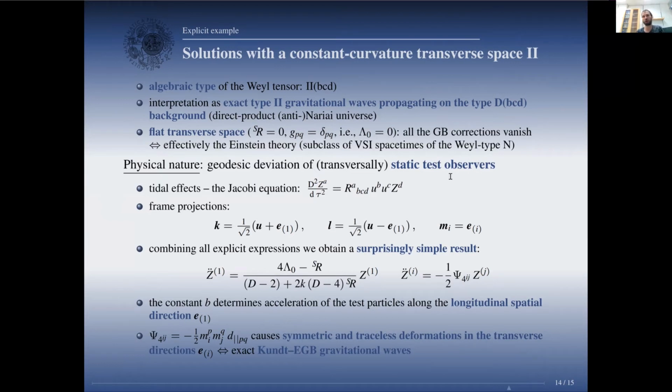So we take observers which are not moving in transverse space, take the geodesic deviation equation, take a frame related to the null frame which we had for the discussion of the Weyl tensor, project this geodesic deviation equation onto this frame, combine all expressions together, and we can see that there are some longitudinal effects or motion given by the transverse space geometry, and traceless transverse deformations given by Psi4 components, exactly what one would expect for gravitational waves.